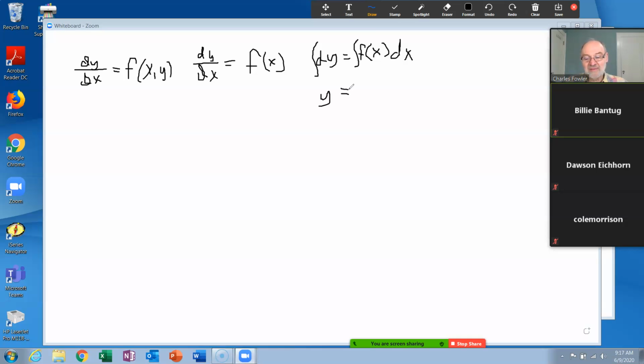And usually in Cal 2, they would call that the antiderivative of f, capital F of x, plus c. Always would have that constant unless you had an initial condition or you had a definite integral somehow.